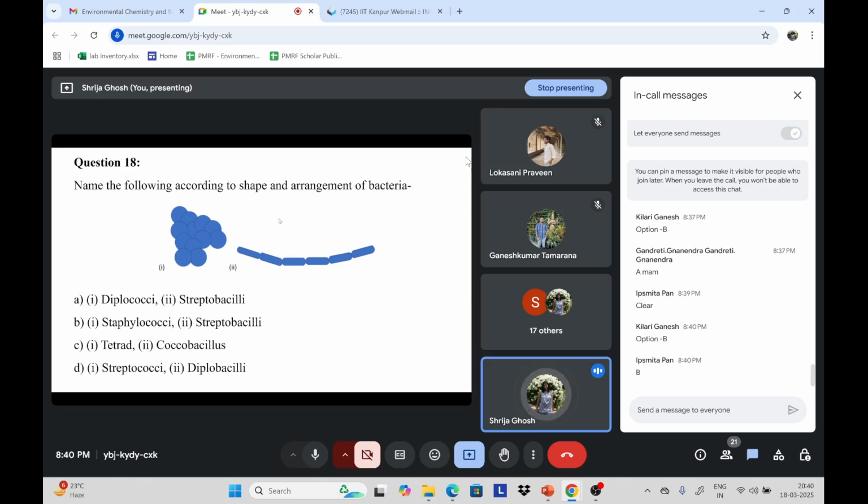Okay, we have one option. Okay, we have two answers as option B. Two people have answered option B. What about others? Look at the figure. Tell me which option is correct.